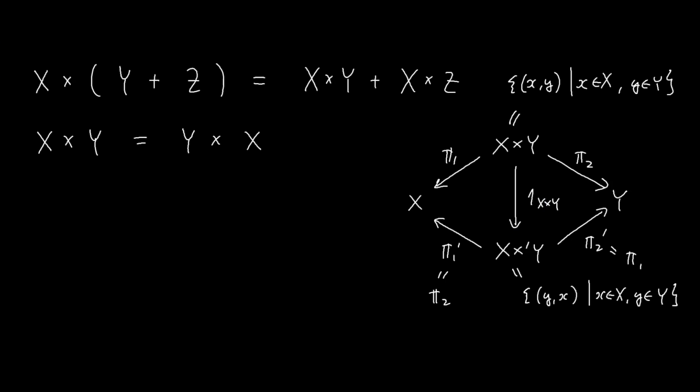So the summary of this story is that we don't expect x times y to be equal to y times x, but we do expect them to be isomorphic to each other. We put a little symbol of equality there to represent isomorphism. Moreover, this isomorphism is a nice one in the sense that it makes the diagram commutative.